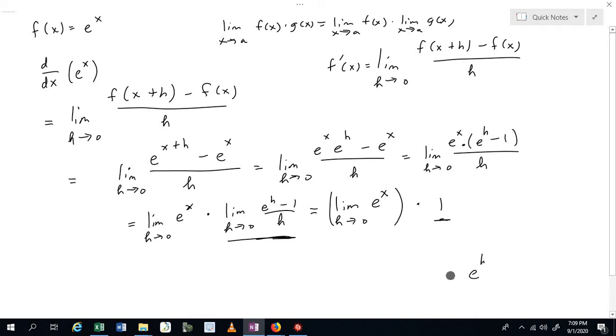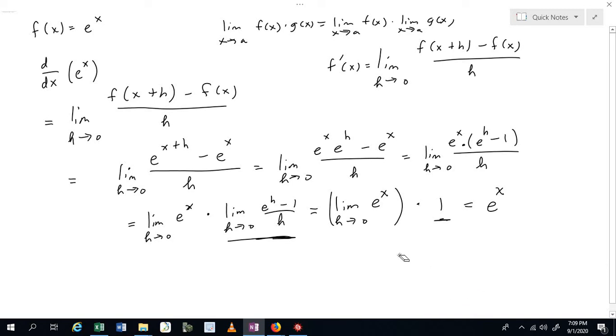Now, if this was e to the h power, then these values would change, right? Because h is getting closer to 0. But that's not what's happening here. h is getting closer to 0, and then this is just always going to be e to the x. x is not changing, only h is. So this limit is actually equal to e to the x power.